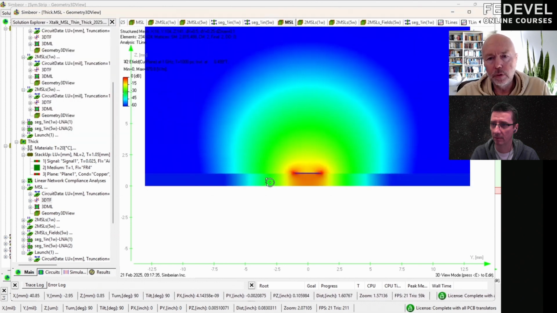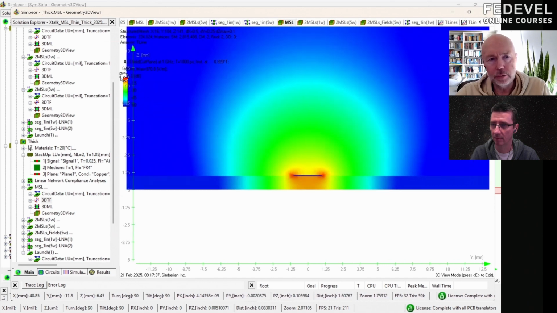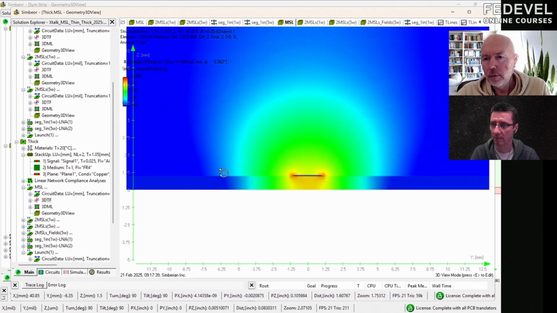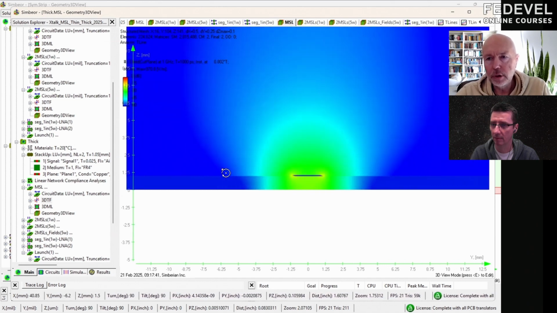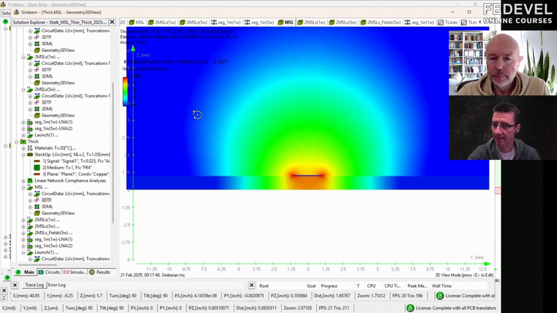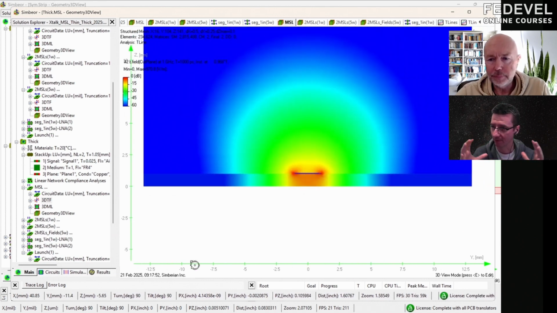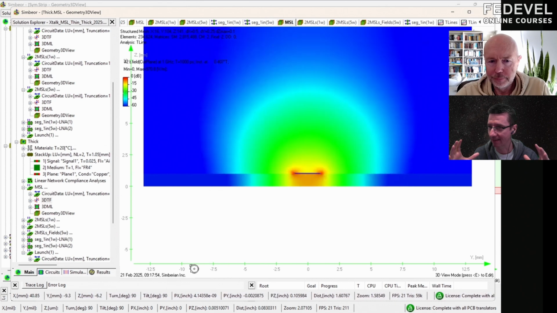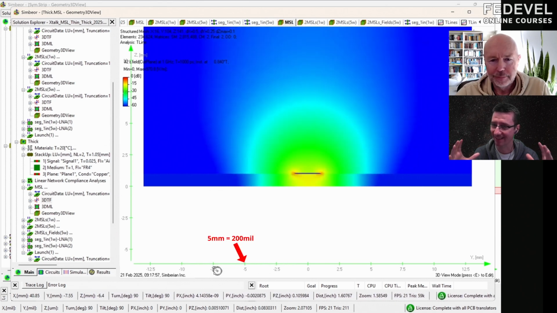And instead of arrows, now we have colors representing the value of the field, the electric field in this case, in dB. I would like to stop you. On the graph, I can see the Y is in millimeters. So basically, the field goes as far away as like 5 millimeters?